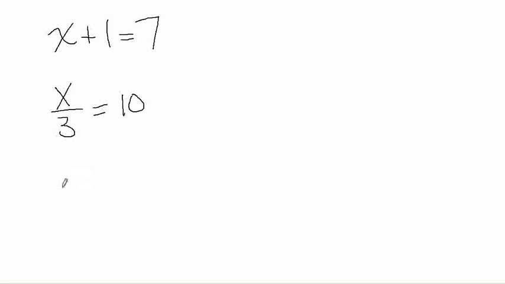So x plus 1 equals 7. x over 3 equals 10. 2x plus 2 equals 8. So pause the video and see how many of those you can solve. And by solving, I mean you find what the mystery quantity labeled x is.